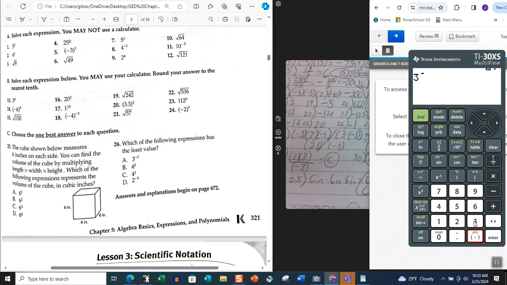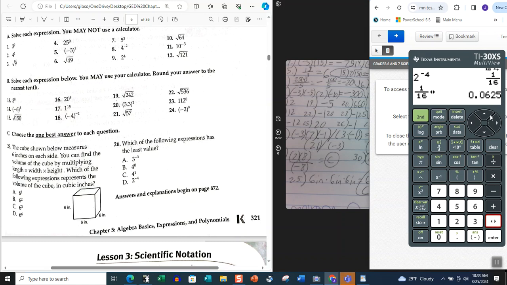So we'll take 3 to the negative 3, and the toggle button works on this. So 3 to the negative 3 gives us this amount. Now we'll go 2 to the negative 4. And then we could press the toggle. Oh, it gave a syntax error. Okay, let me delete that. So it got 1 over 16.